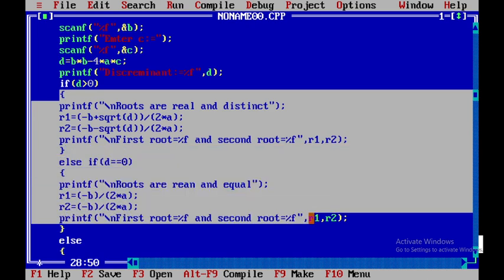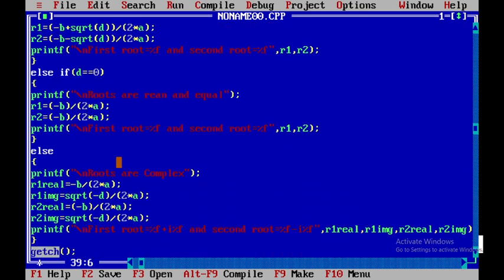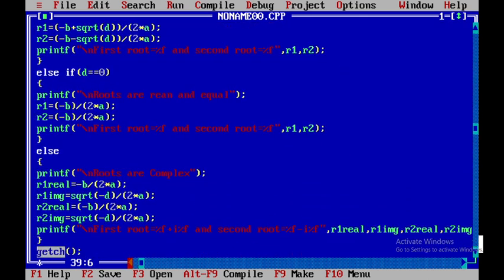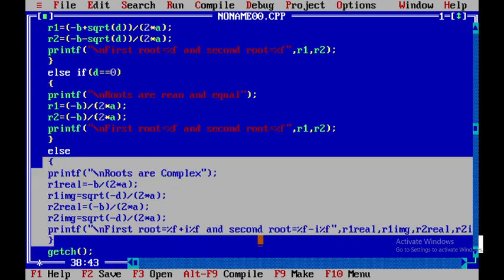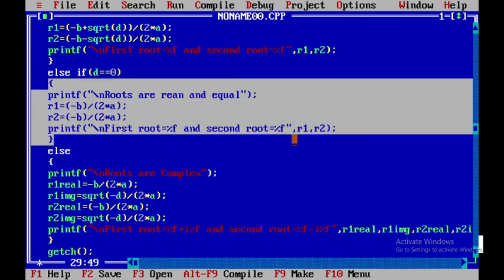Similarly, if d is equal to 0, then roots are real and equal, and in the last case, the roots are complex. So this is the block for complex roots, and this is the block for real and equal roots.